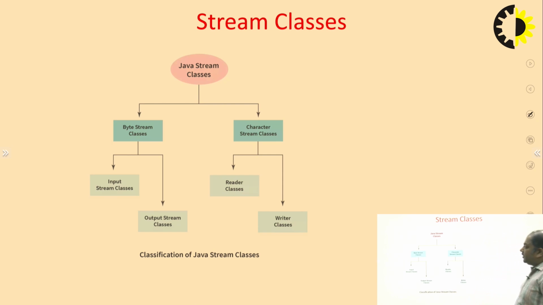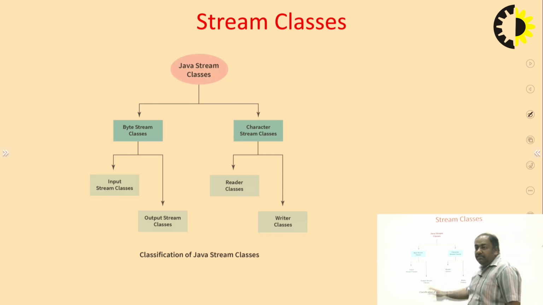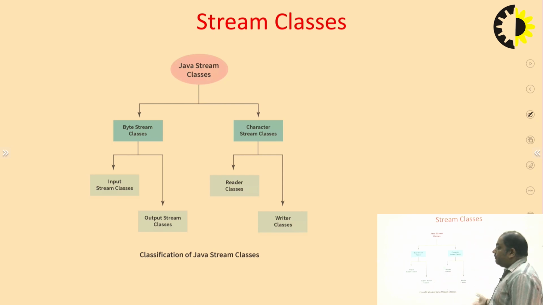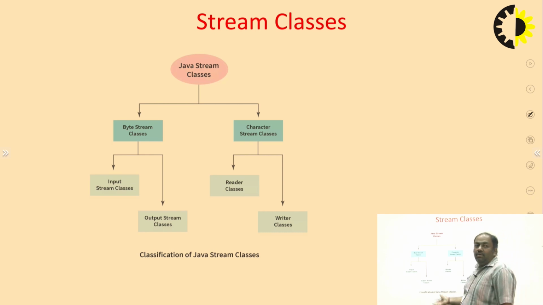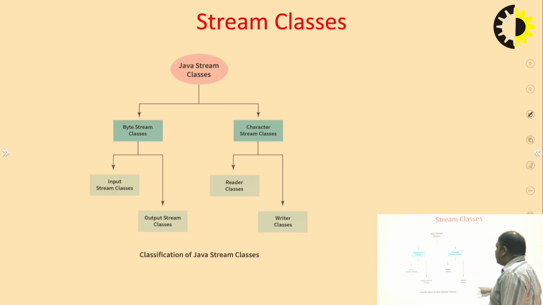The difference between these two is that the byte stream classes can be used for text and for non-textual data, meaning images, audios and videos, while the character stream classes are specifically used for reading from a file or writing into a file.